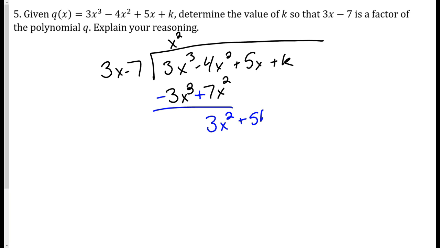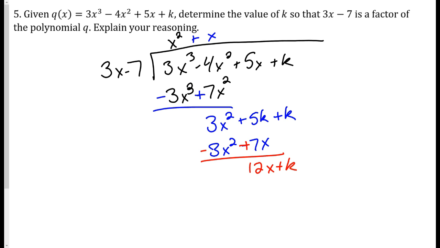I'm going to bring everything else down. Now we repeat the algorithm. What times 3x gives me 3x squared? Well, x does. x times 3x is 3x squared. X times negative 7 is negative 7x. To subtract, we're going to change the signs. 0, and we get 12x plus k.